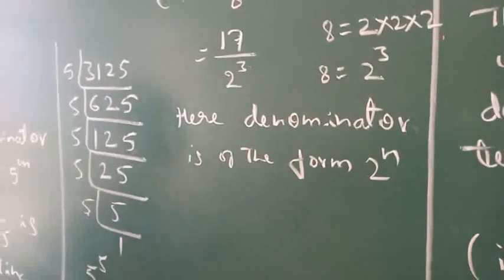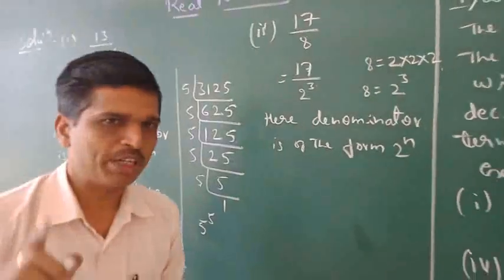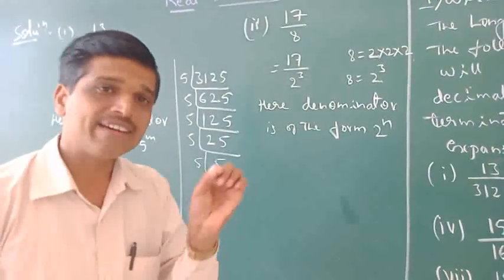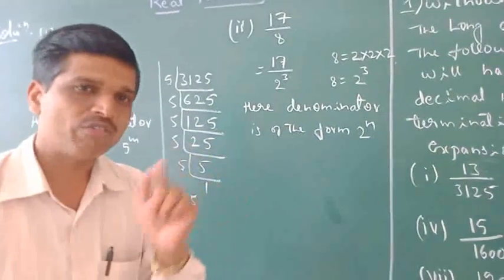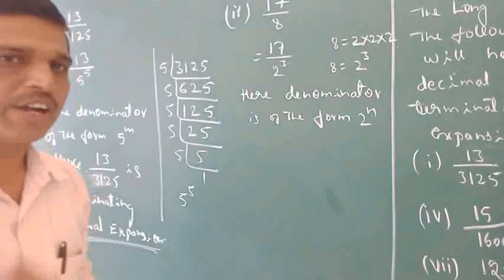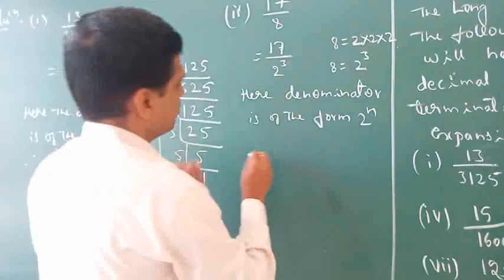We require the decimal expansion to be terminating, which means we require the denominator to be either 2 to the power of n or 5 to the power of m, or both, that is 2 to the power of n and 5 to the power of m. So here it is also the same.